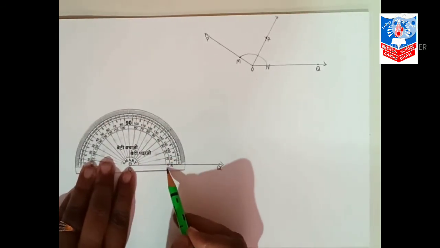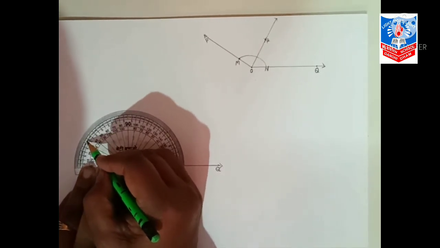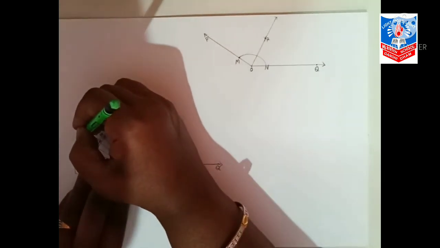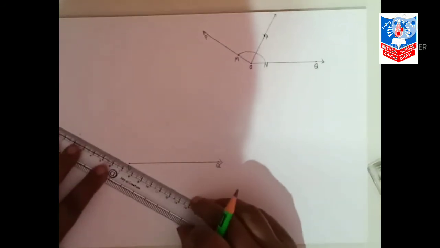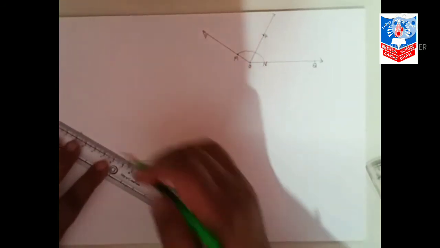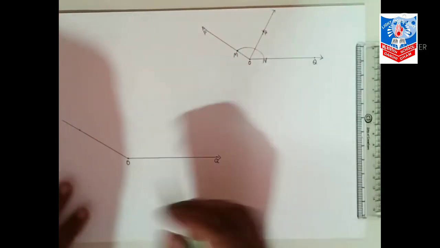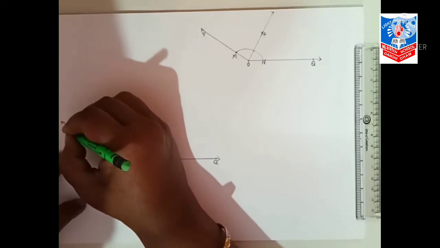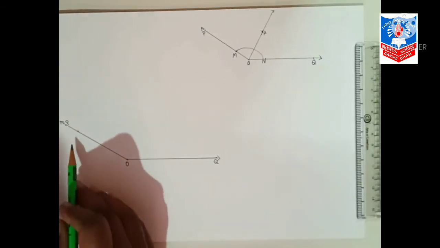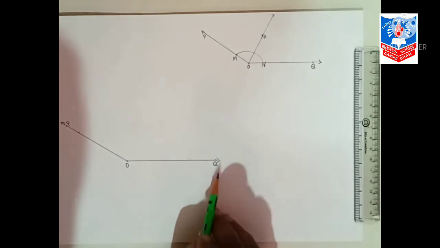Start seeing from 0 to 147. Here it is, 147. Draw an angle like this way. Now name it P. Now this is angle POQ of 147 degrees.